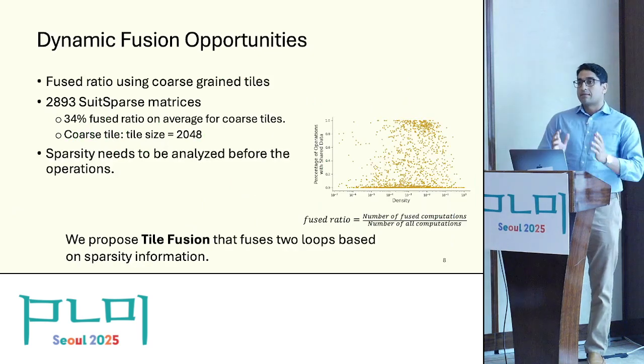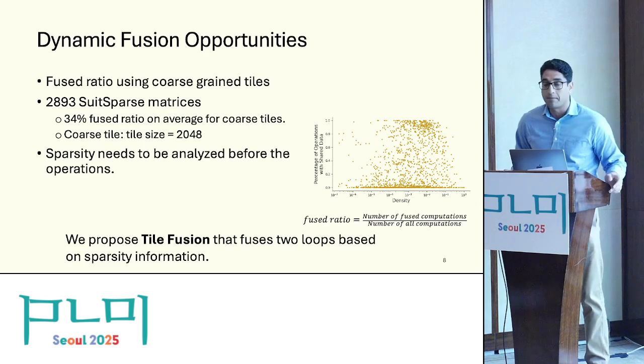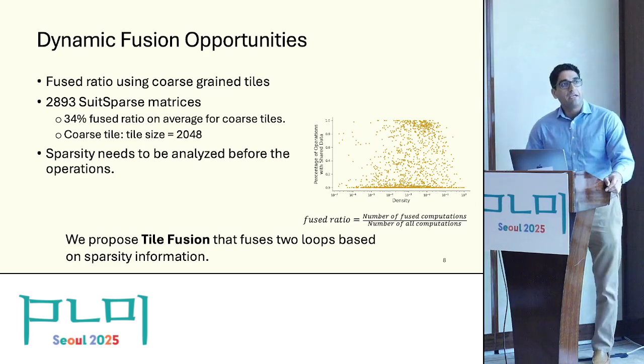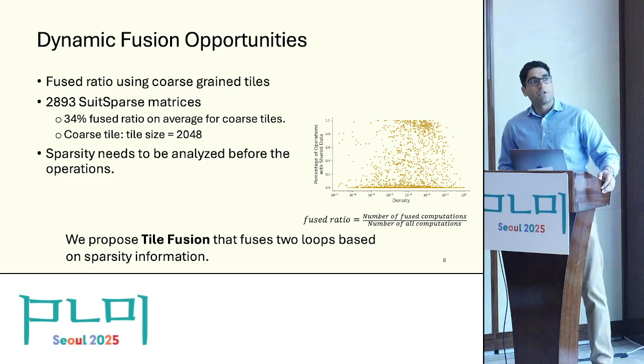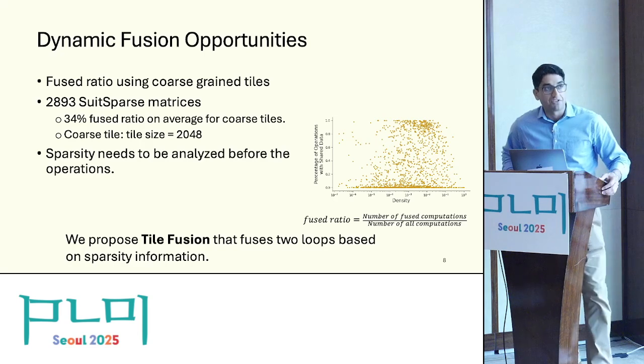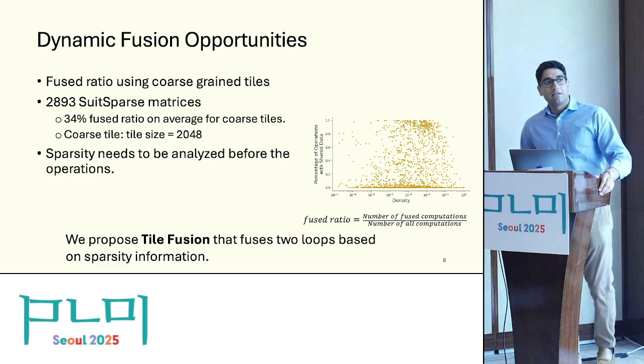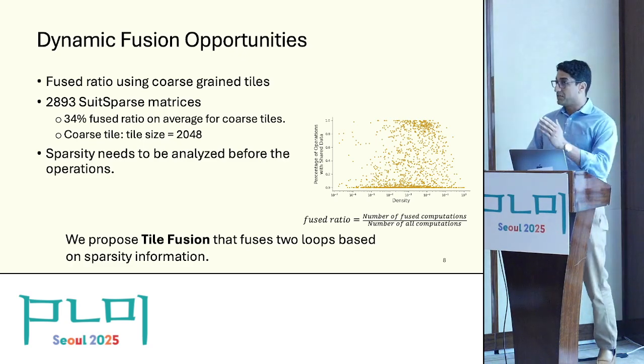Well, that's a nice feature to have, but is it realistic? We did this investigation to compute the reuse, the percentage of operations that share data, on the y-axis, and the x-axis shows the list of sparse matrices sorted by density.